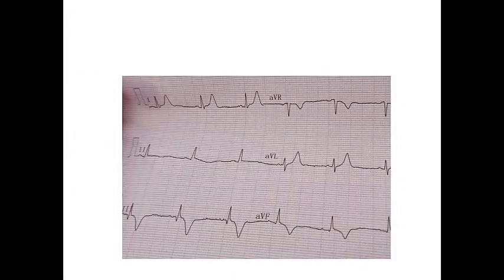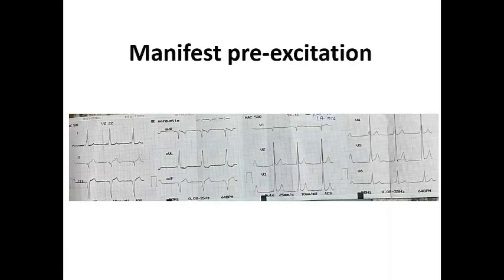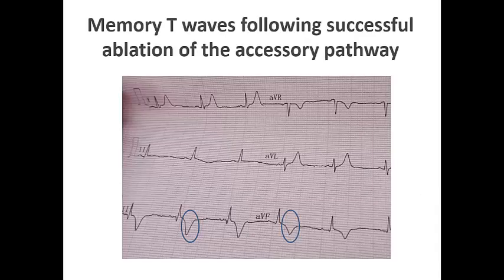So for example, this patient is having symmetrical T wave inversion in lead 3 and lead AVF. When I see this ECG, I may suspect myocardial ischemia, but when I see a previous ECG for this patient, he's the same patient, he was having manifest pre-excitation, Wolff-Parkinson-White syndrome, and so he had successful ablation of the accessory pathway, resulting in the memory T waves.